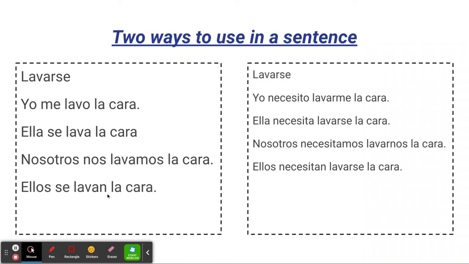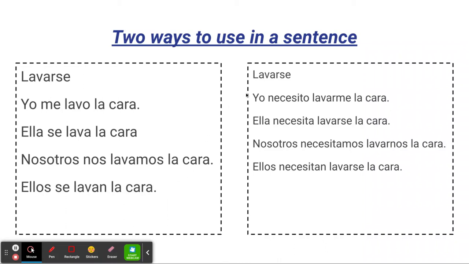Lastly, ellos se lavan la cara. Again, we have lavarse, drop the se, put it in your pocket. And we have lavar, conjugated regular. Ellos lavan. Ellos se lavan la cara.